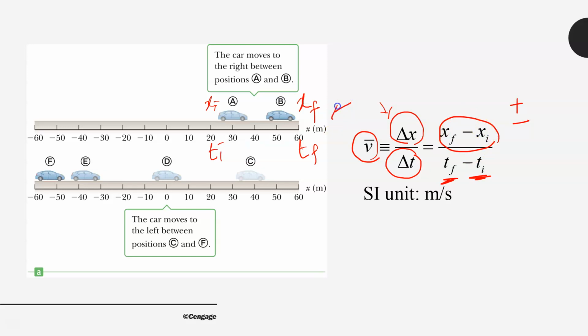In the top figure, the average velocity of the car is positive because it starts at point A and ends at point B. A plus sign indicates motion to the right of the x-axis, while in the bottom, the average velocity of the car is negative because it starts from the bigger number to the smaller number. And minus signs here indicate motion of the car to the left of the x-axis.